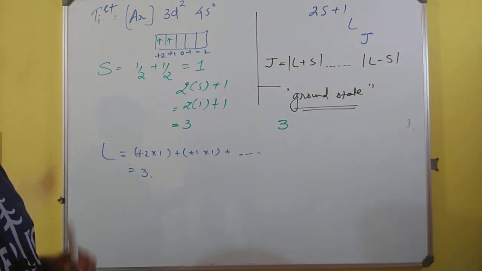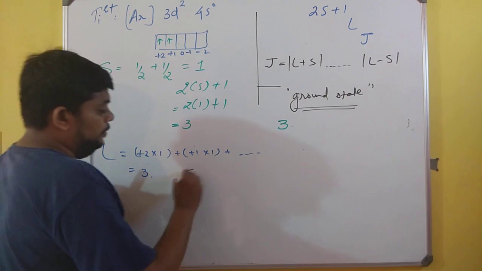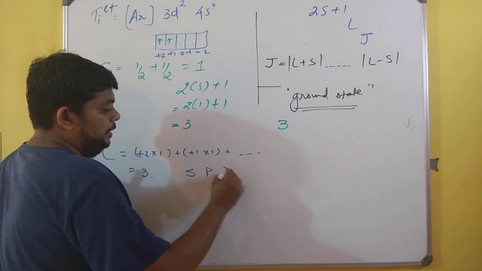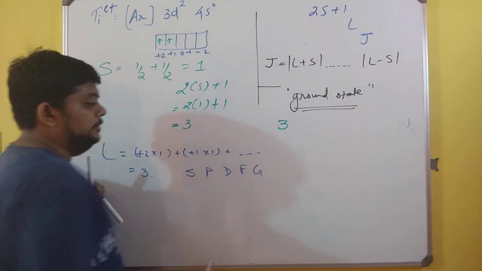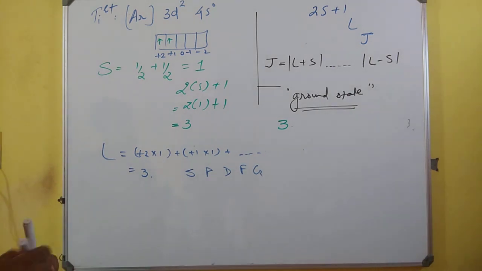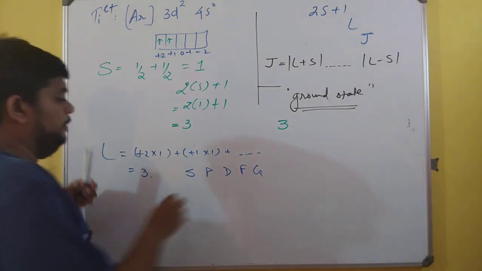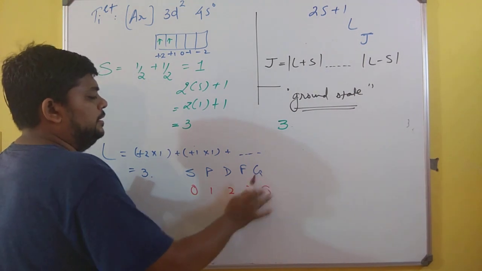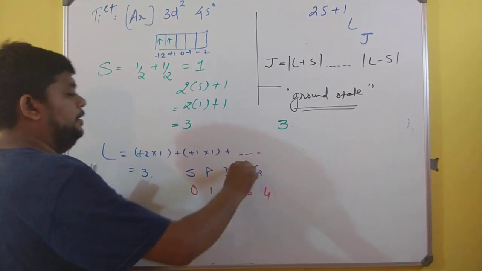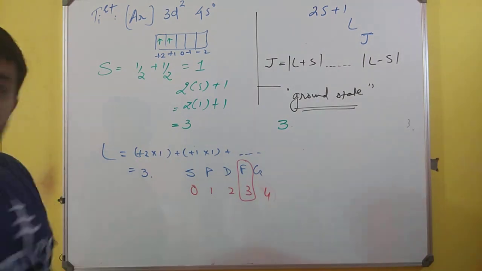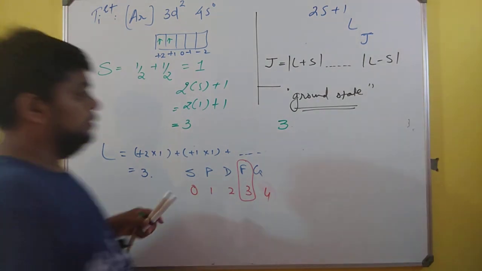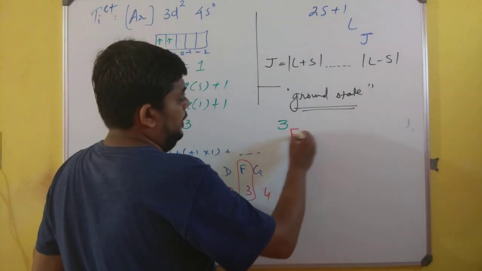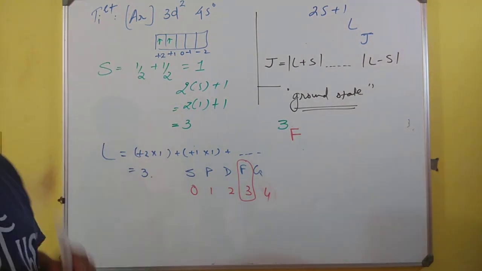When L ends up with 3, we very well know S, P, D, F, G and so on. So over here we will write the corresponding values just once to make things clear, and we have F corresponding to this value 3. So I'll just write F over here. So we are done with 3F.